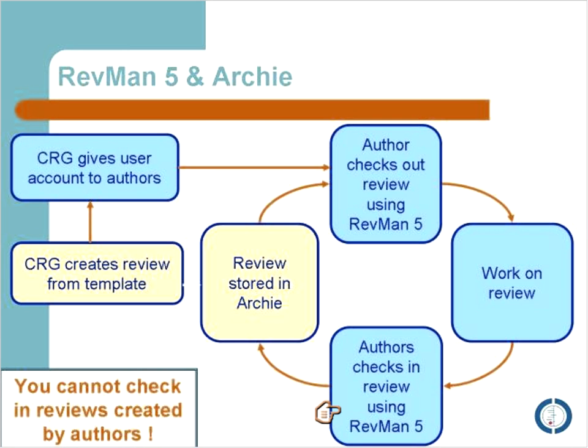They really want Archie to be the repository of the draft at any stage. It protects against different versions you have on your computer. If you need someone else to access it at any time, they can just go through RevMan 5 to Archie and pull it down. So that's a really, really important feature to know.